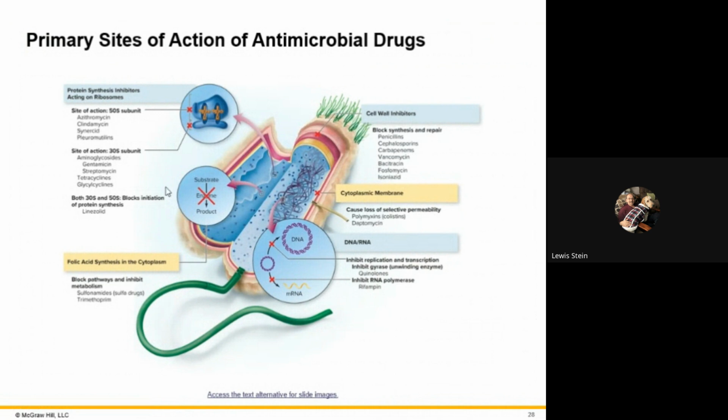The two major areas are attacking protein synthesis somewhere in the ribosome, some way, shape, or form. I classify those as having a means of action that somehow interrupts protein synthesis. By and large, they are not bactericidal. There are some exceptions, which are important to note coming up.